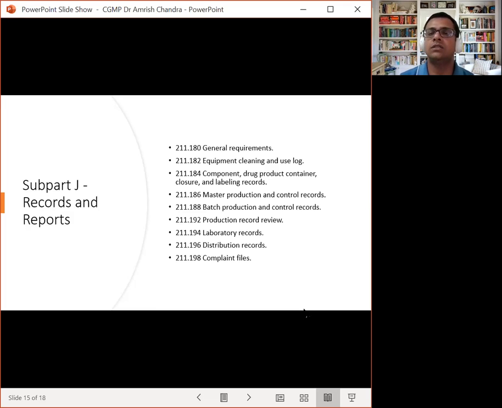Subpart J, records and reports. They basically deal with the general requirements, and how the records are to be kept for equipment cleaning and use logs. Again, records and reports for components, drug product containers, closures and labeling records, master production and control records, batch production control records, production record review, laboratory records, distribution records, and complaint files.